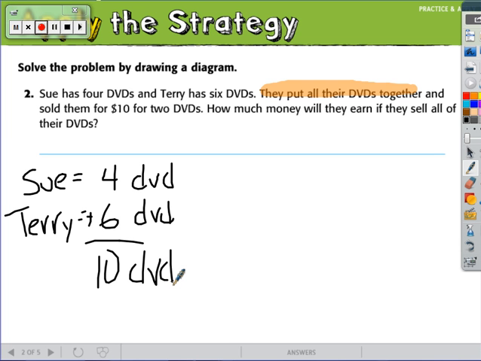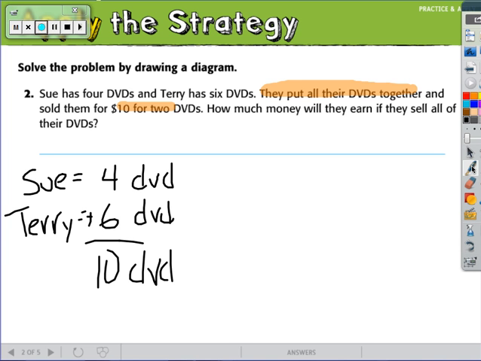Now, what does that say? $10 for 2. Okay? So if it's $10 for 2, we need to see how many times we can make 2 with 10. 5 times.